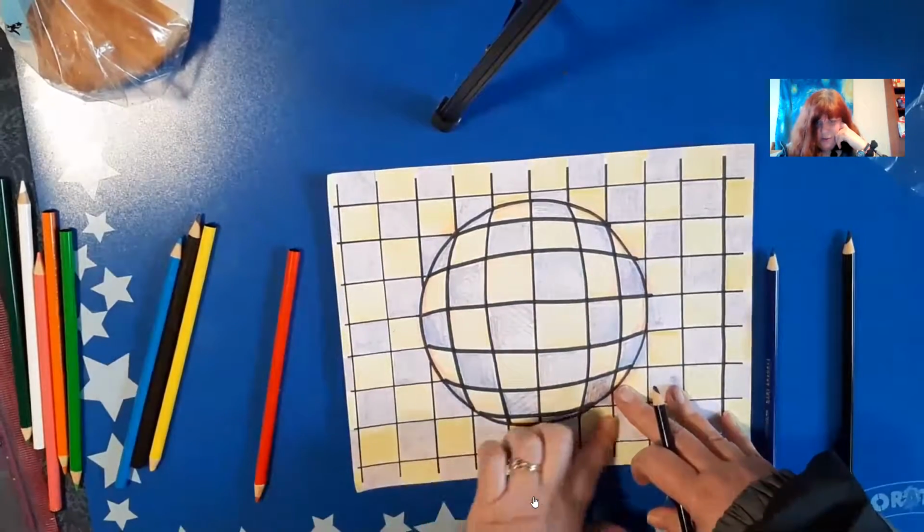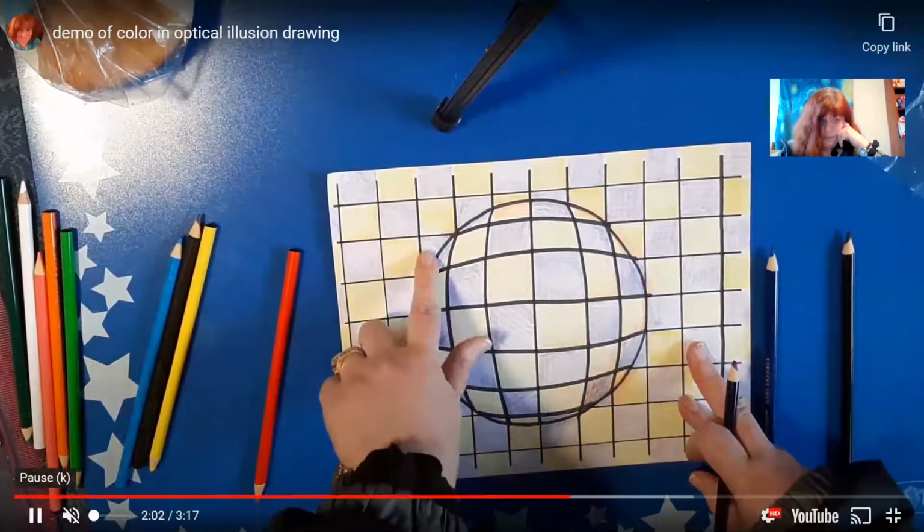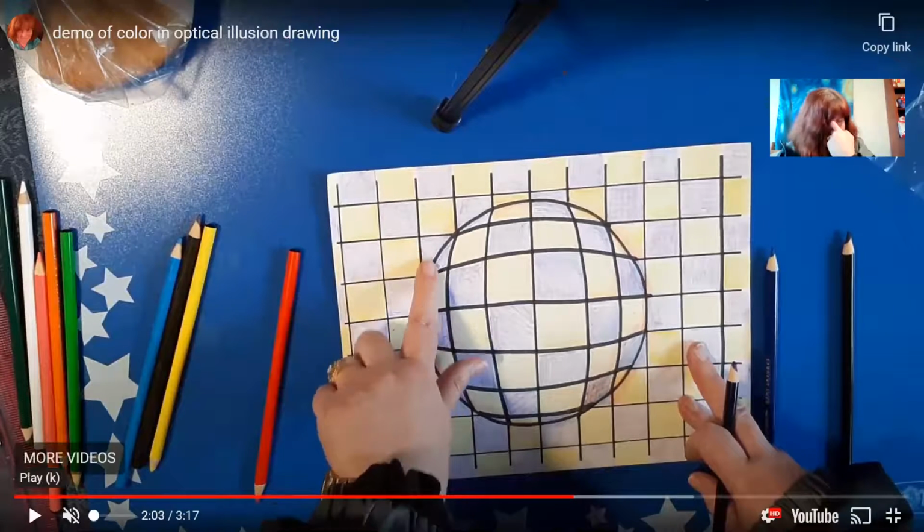But you can see how I started going in and making it slightly darker. Now, what you can do is go in with another color, like I started on the right. Instead of using yellow for my shadows, I use like an orange or a brown in the yellow to make it a little bit darker and blending.